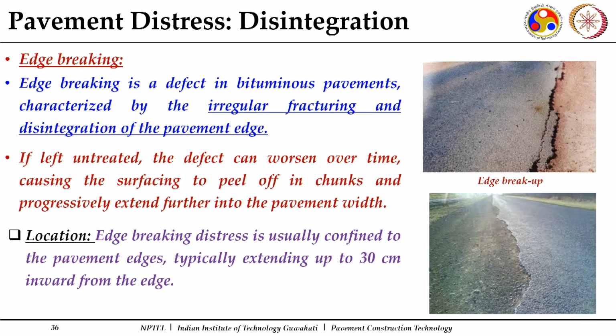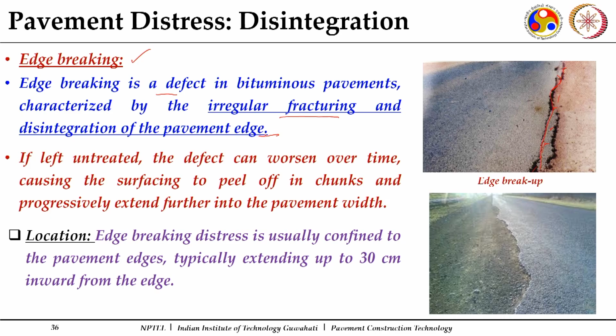Now, the last one under this category is edge breaking. Many a times you see the carriageway edge gets damaged. You can see the material getting removed or dislodged at the pavement edges. Edge breaking is a defect in bituminous pavement characterized by irregular fracturing and disintegration of the pavement edges.